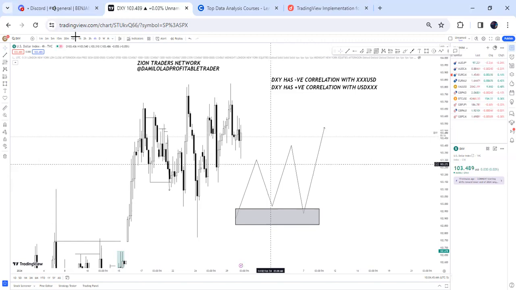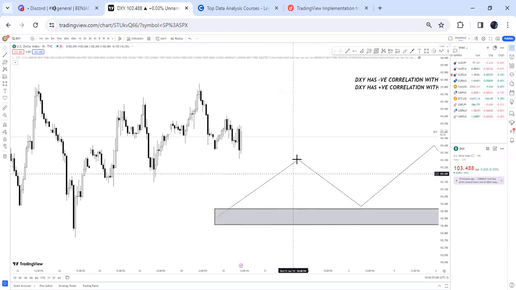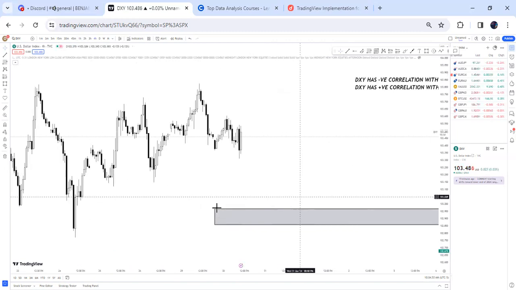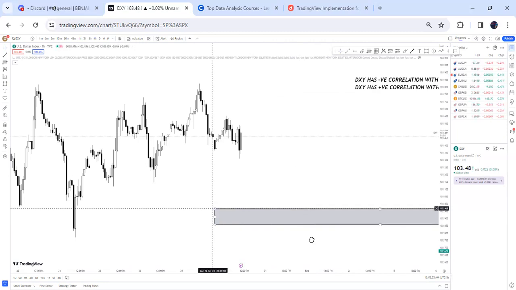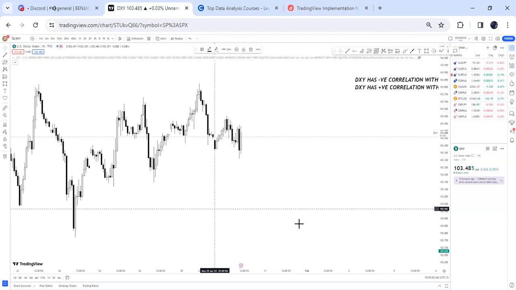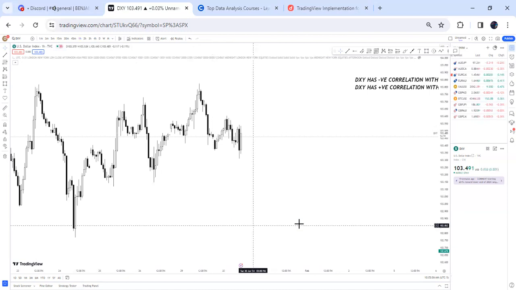Okay, so let me just quickly show us something. Going to the price action on the 1 hour for DXY. Now, based on the 1 hour time frame for the DXY, of course, this looks like we are in a bullish price action.